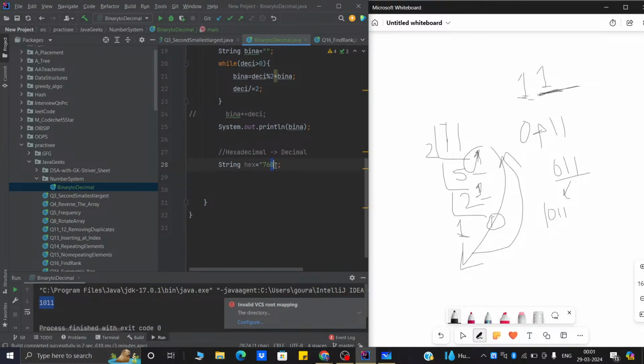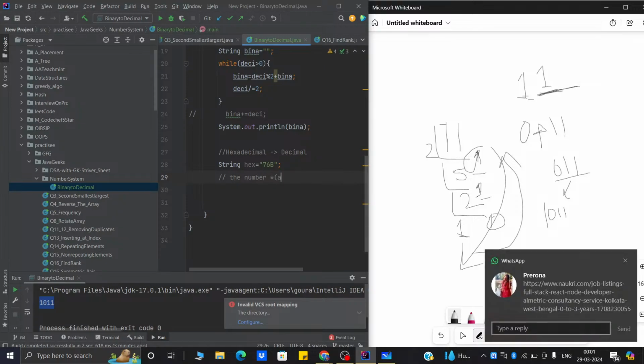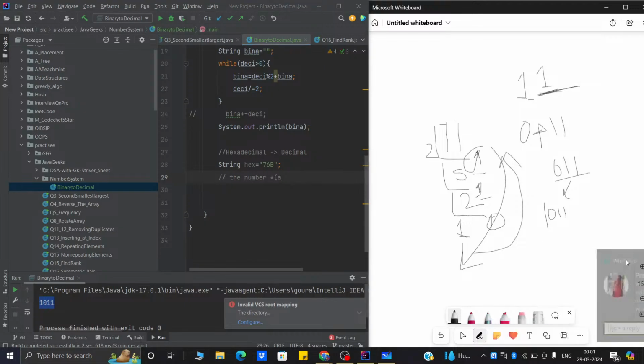So the approach is the same: number into 16 to the power n place minus value 1, to the power n minus 1, let's say.